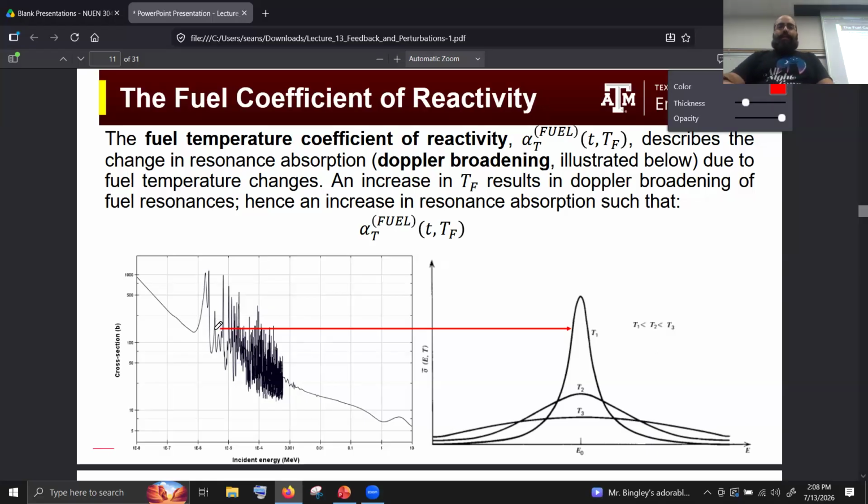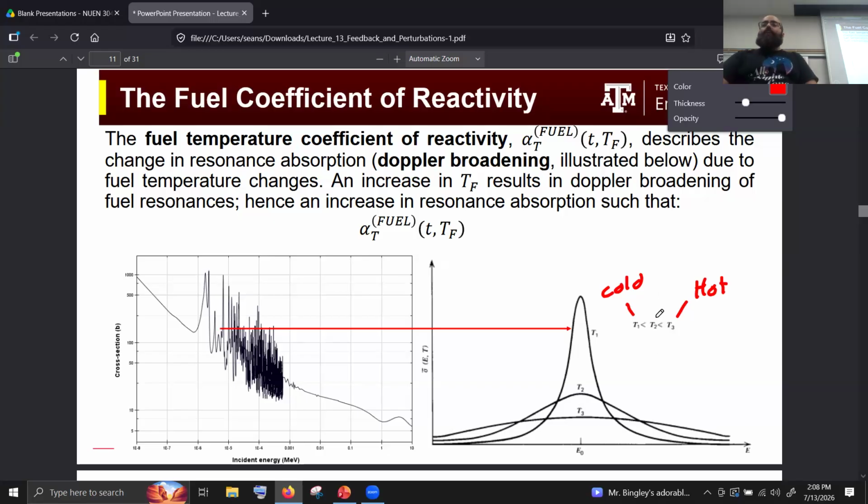If you were to zoom in on one of those resonances, this is what those resonances would look like, and this is how they would change with temperature, where T1 is less than T2 is less than T3. So T1 is what my resonance looks like at some cold temperature, and T3 is what it looks like at some hot temperature. When the temperature is cold, this resonance is very narrow and high.